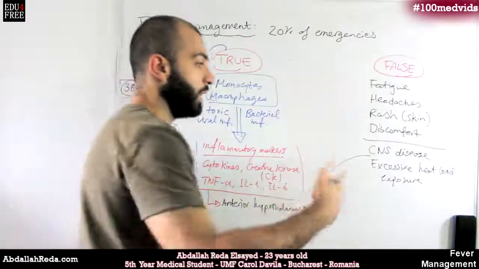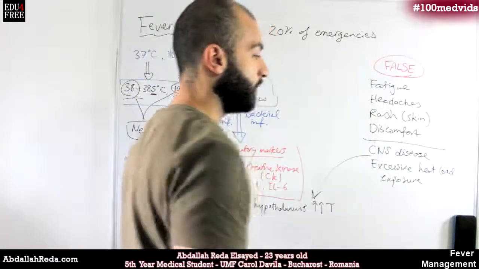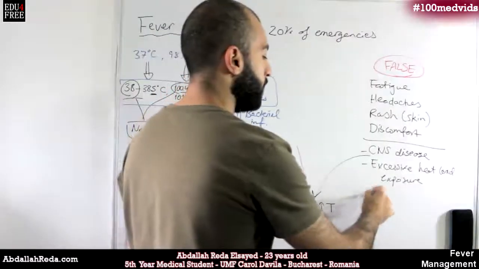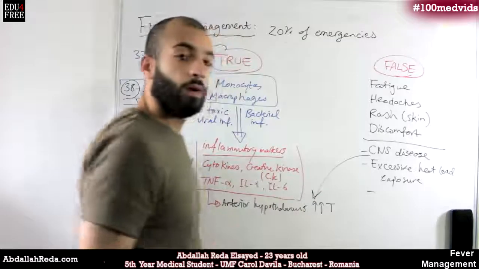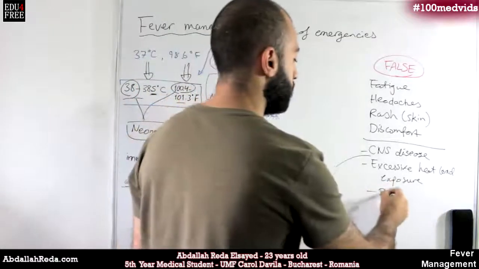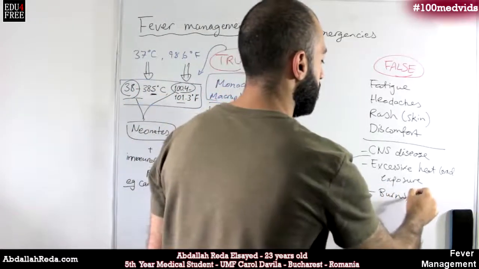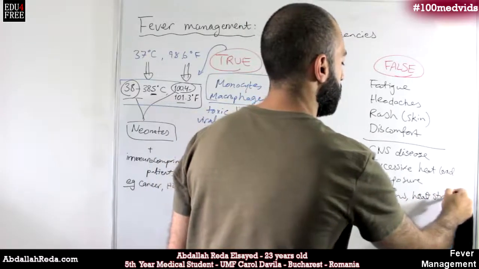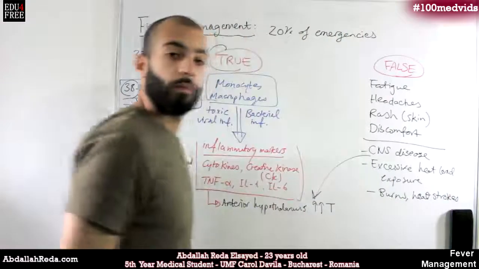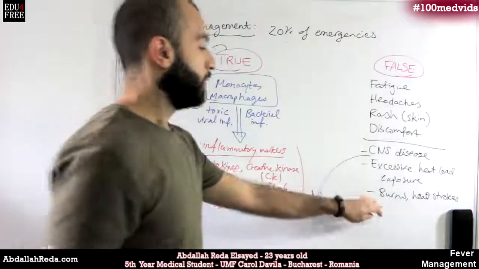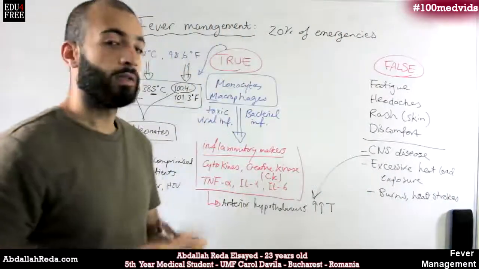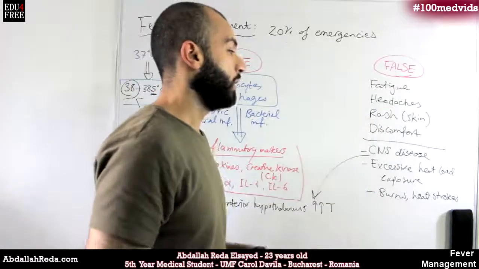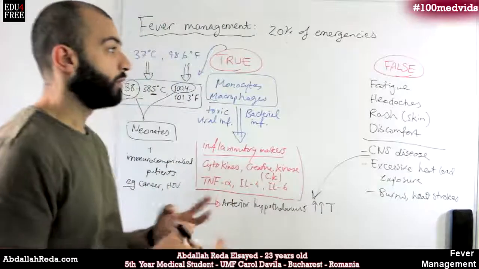So exposed to the heat, this might lead to a false fever. We can have also burns, heat strokes, so defects in the heat dissemination from the human body. That could also lead to the symptoms of a false fever.